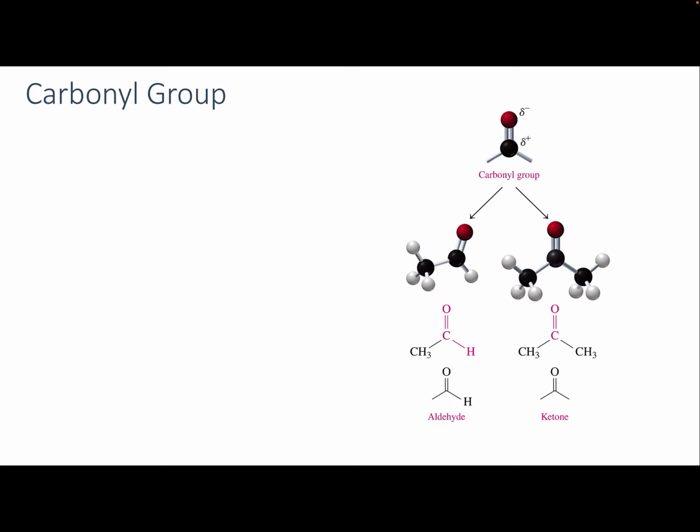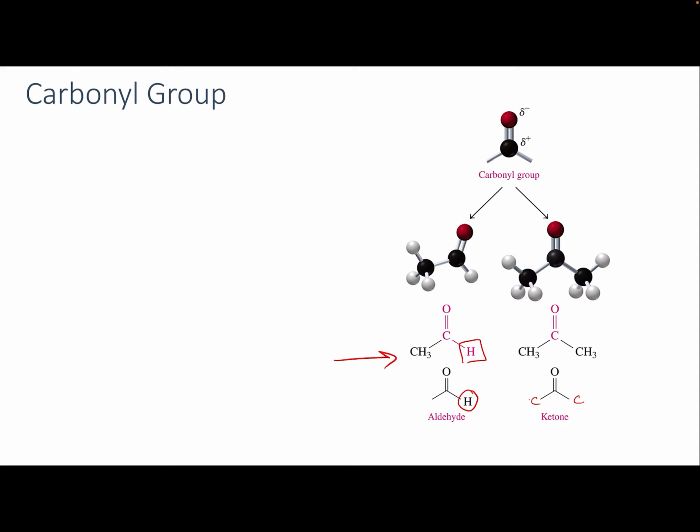So the carbonyl group in the aldehyde and in the ketone is that C double bond O. Now, the aldehyde has at least one hydrogen atom, whereas a ketone is bonded to two carbon atoms. So you can see that here the aldehyde has one H, where ketones do not have H's.